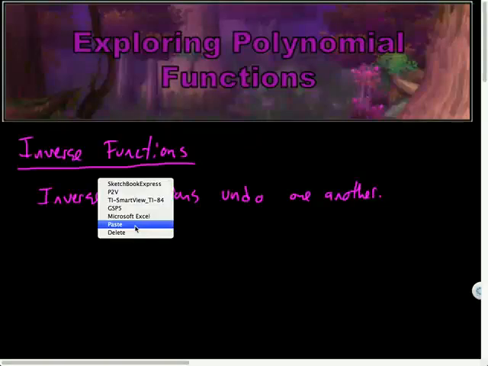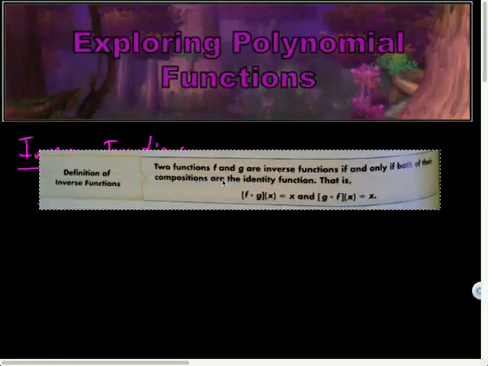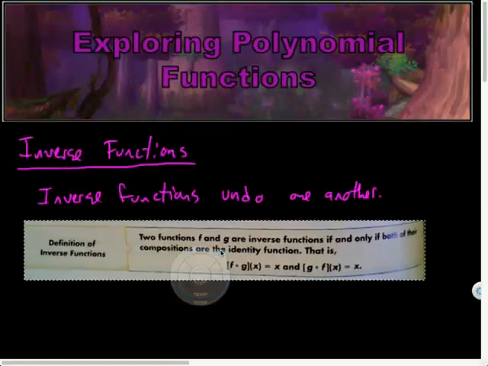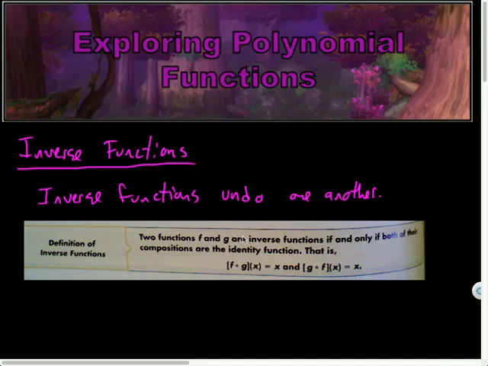So let's see. Here we go. Paste. You don't have to necessarily write down this whole thing, but it's worth looking at. So, definition of inverse functions. Two functions f and g are inverse functions if and only if both of their compositions are the identity function. The identity function basically is the function that doesn't do anything.